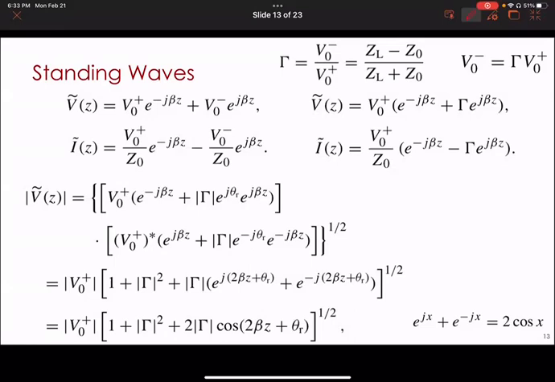No, you're continually sending waves down here. All these incident waves continue to come, and all of them get reflected, so those waves keep going back. We have constructive and destructive interference between the incident waves and the reflected waves.